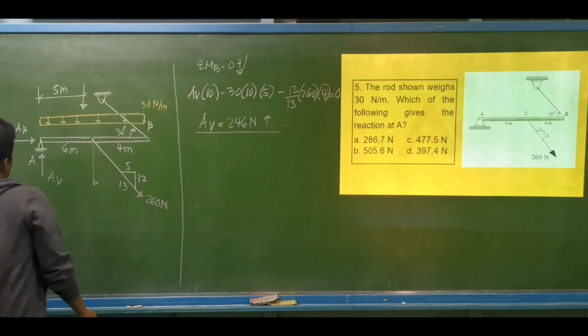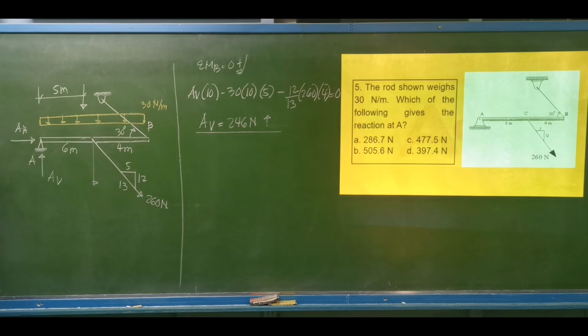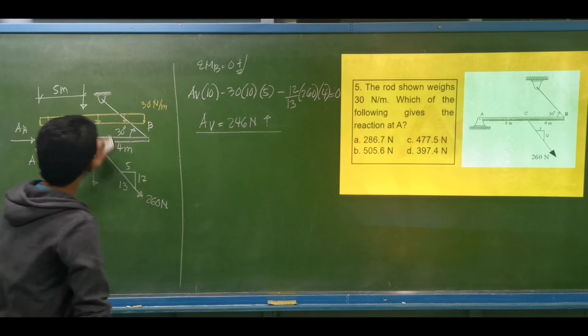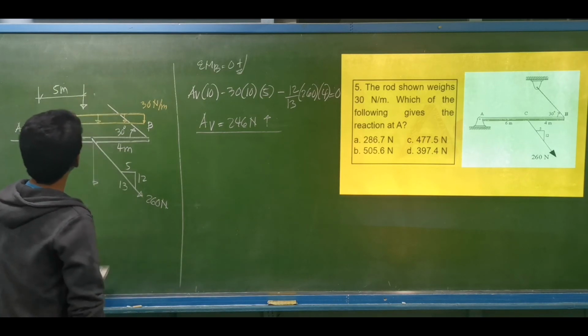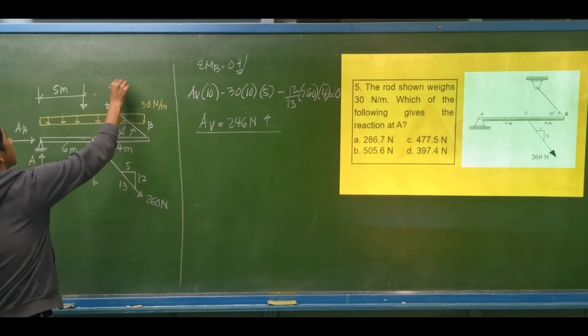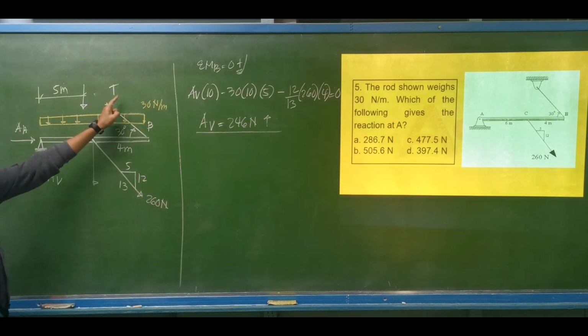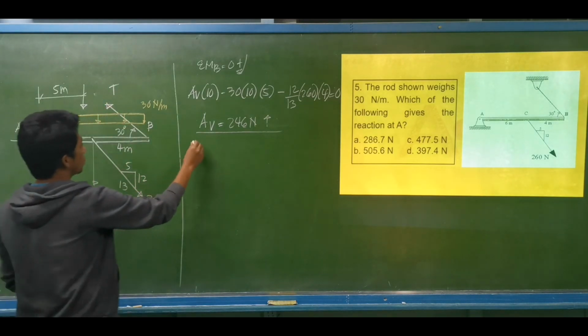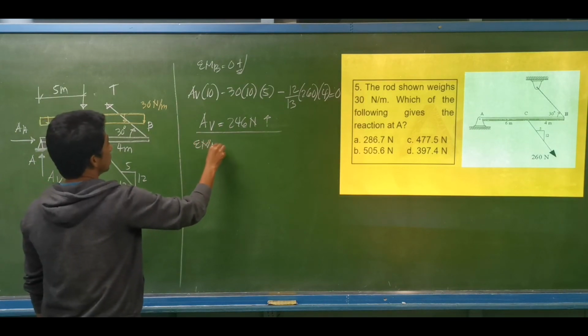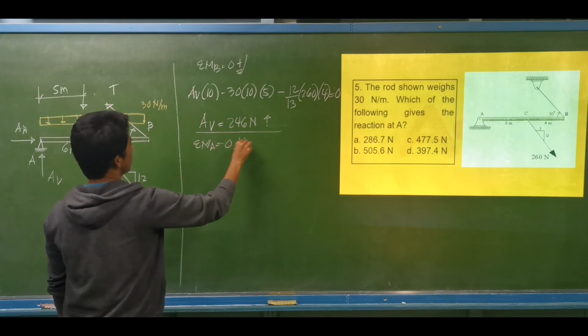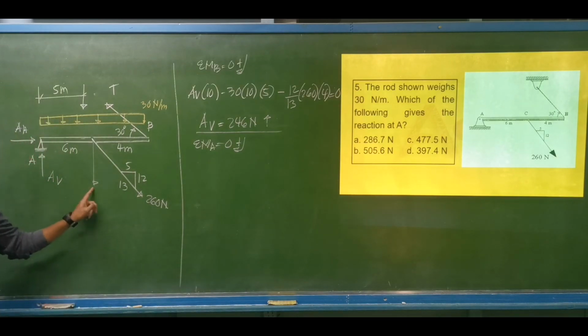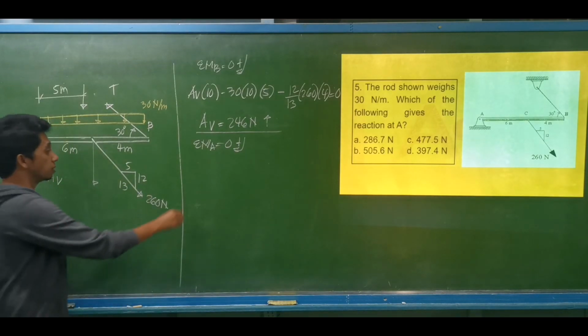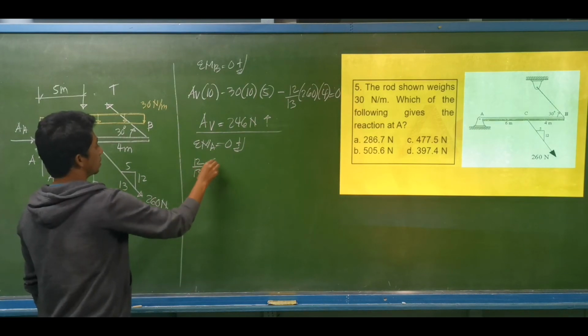Okay, then we need the horizontal reaction. This is A horizontal. I'll be assuming that it is to the right. The problem is we don't know yet the tension on this cable at point B. So let's say this is the tension. How to compute first for the tension? We may do summation of moment about point A equal to 0, clockwise moments to be positive. What are the clockwise moments? The vertical component of 260, that is the 12 over 13 of 260.